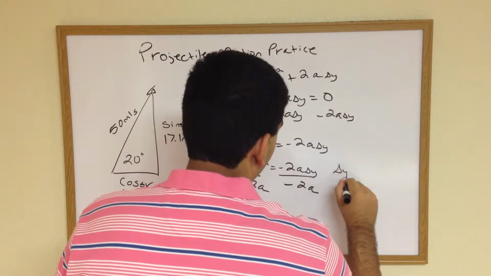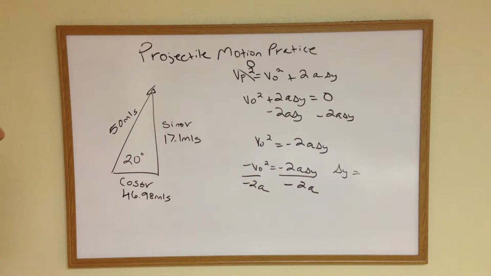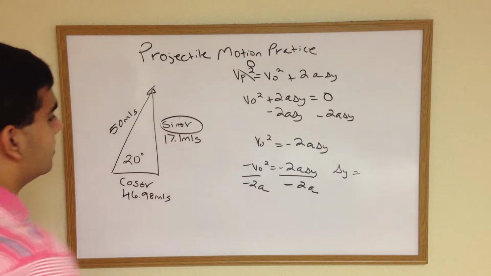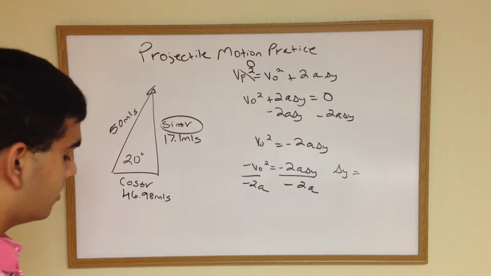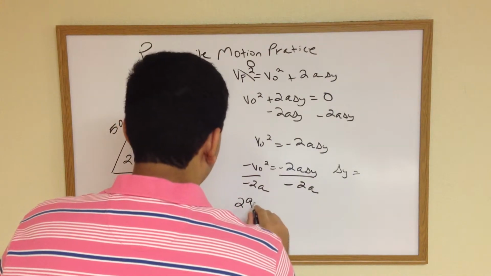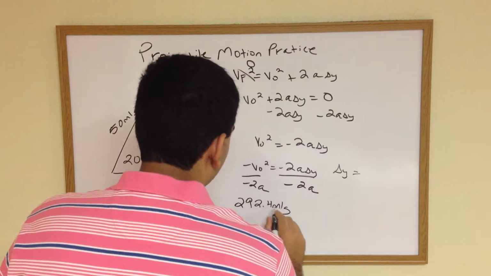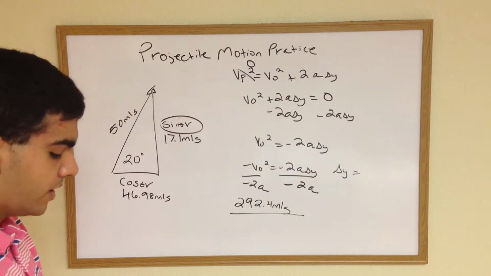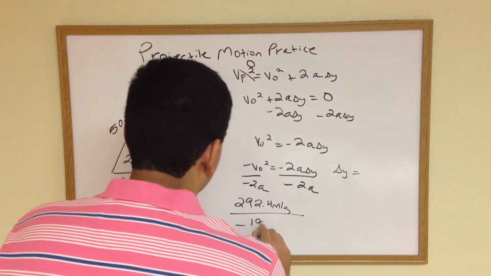And so my delta y is going to come out to initial velocity squared, and the initial velocity in this problem is the vertical velocity because we want to know its maximum height. So we do 17.1 squared, which is about 292.4 meters per second. And remember, divided by negative 2 multiplied by acceleration, which is 9.8, will give negative 19.6.